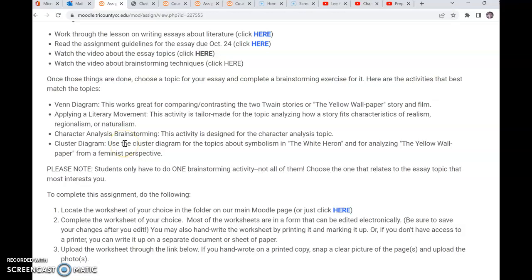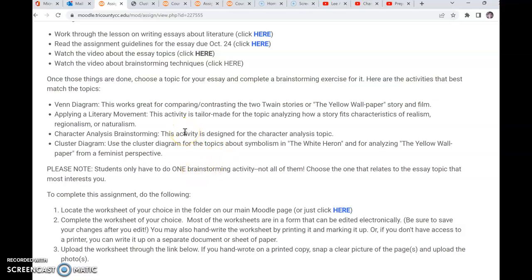In fact, I think they're all Microsoft Word except for the cluster diagram. The way that you can complete them is to just pull up the worksheet and edit it in Microsoft Word. Just be sure to save your changes so that you don't lose them, okay? Because you need to upload it to Moodle as your assignment submission.